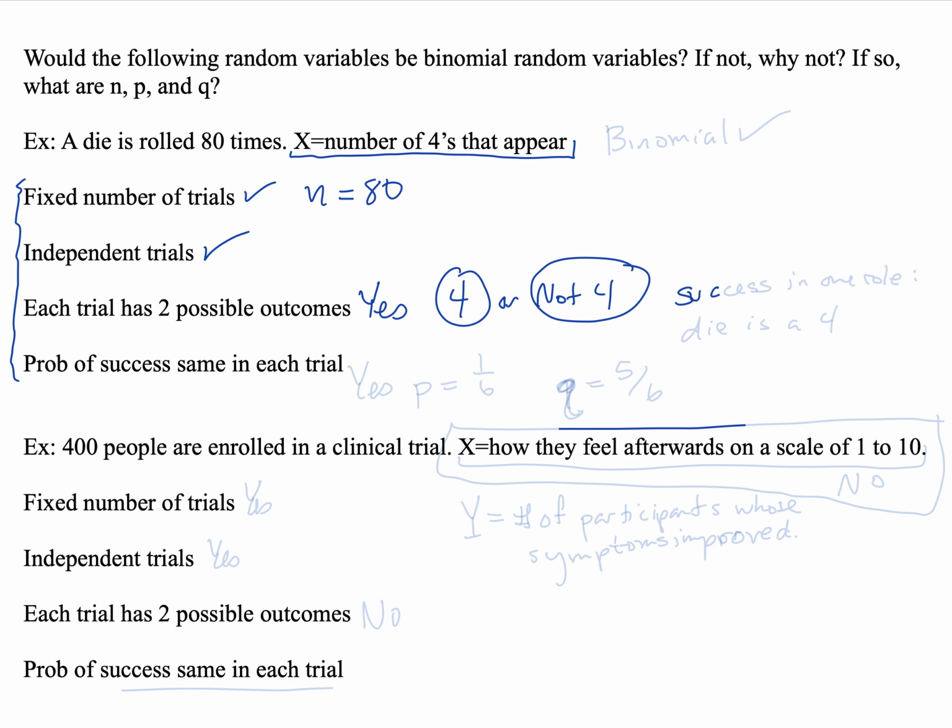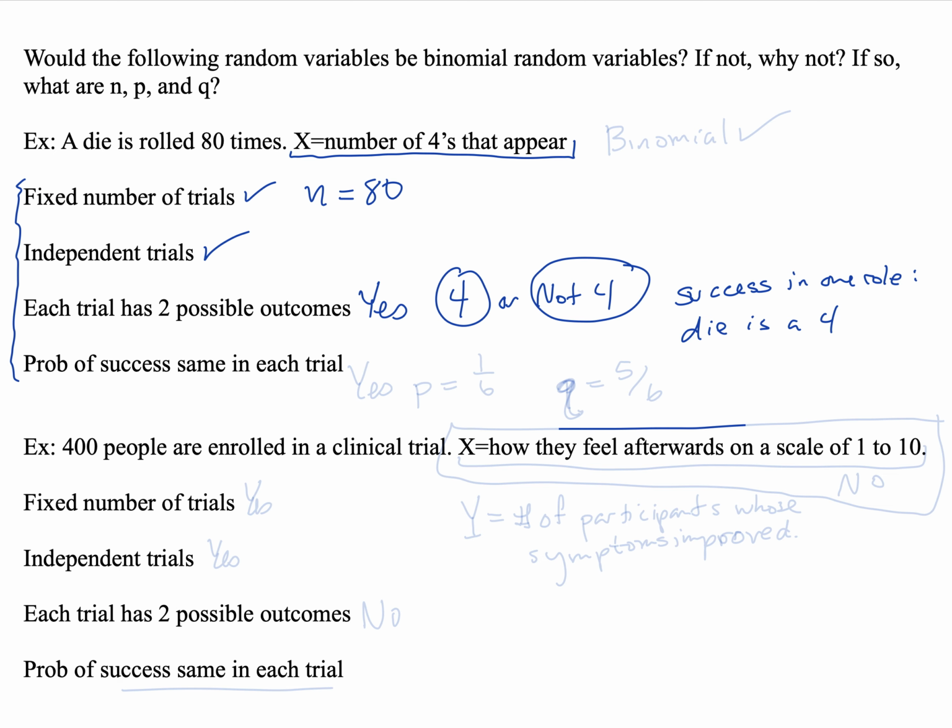And success in a particular trial, in one roll, is that the die is a 4. So that's what success is in this particular situation. And again, even though there's 6 possible values that the die could take on, X is the number of 4s that appear. So success is having a 4, failure is it not being a 4, and those are our 2 possible outcomes.